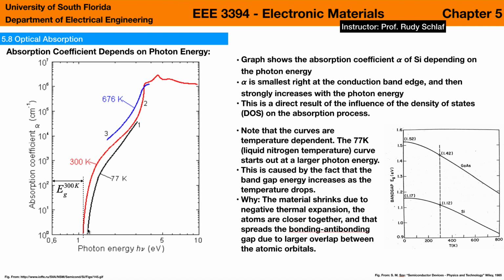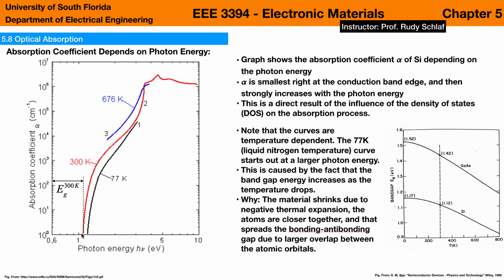And so what we see here, let's look first at the red curve. It was measured at room temperature. At a photon energy that is equal to the band gap of silicon, 1.12 if you remember, the absorption coefficient is pretty much 0, and then as the photon energy increases, swiftly the absorption coefficient goes up.